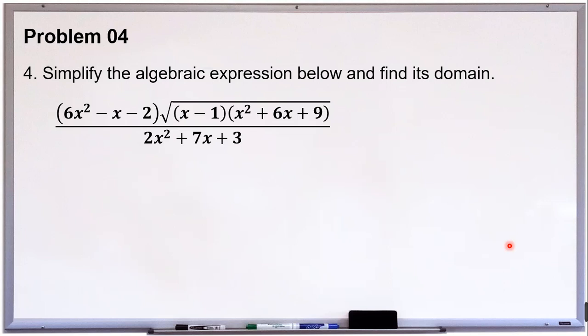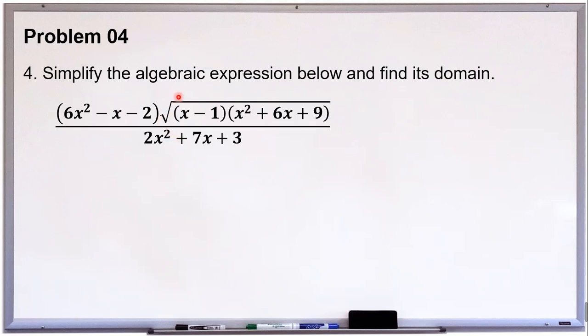Now, this algebraic expression is a combination of rational expression. So this is rational because we have an expression in the numerator and we also have an expression in the denominator. So this is mostly for rational expression. It involves fractions.